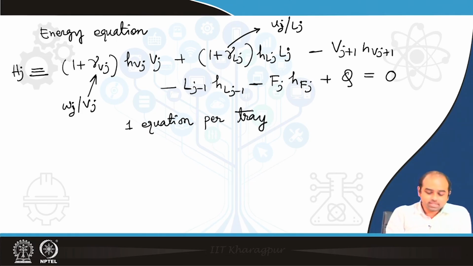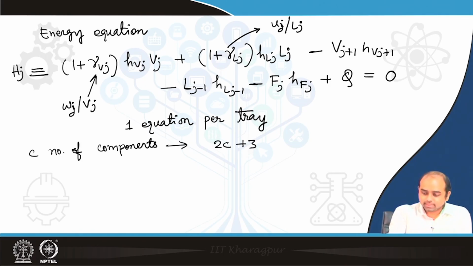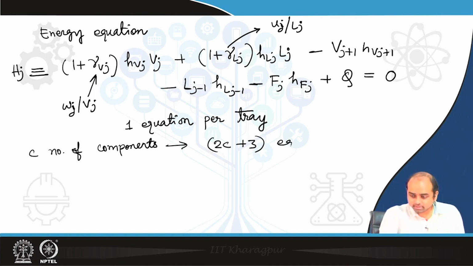So then for C number of components, what we get? We have 2C plus 3 number of equations per tray, isn't it?